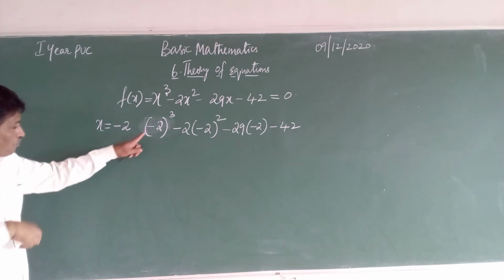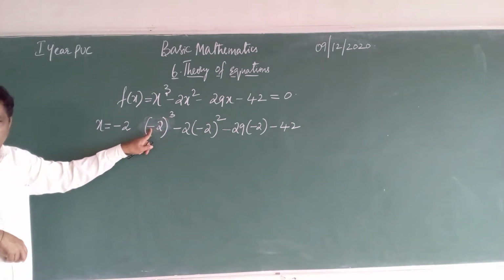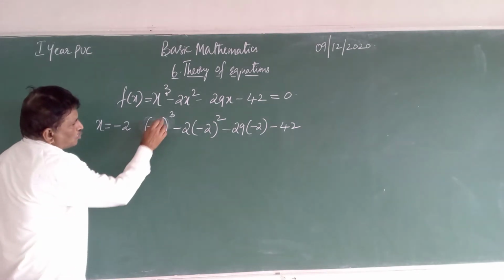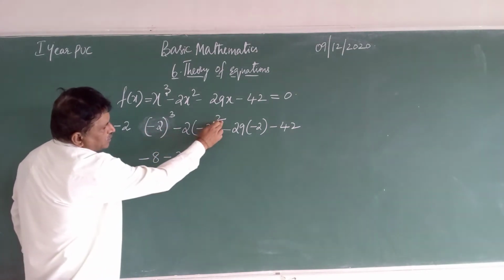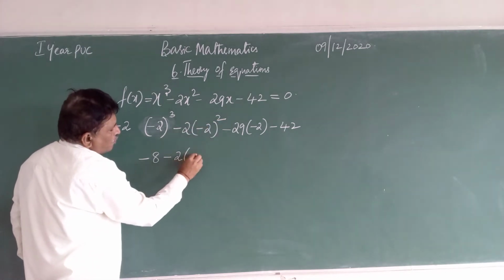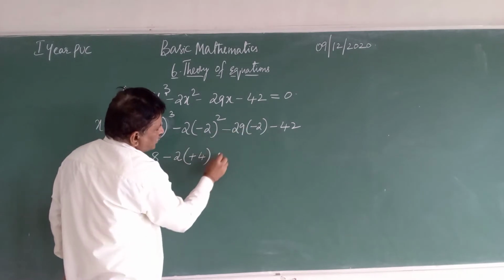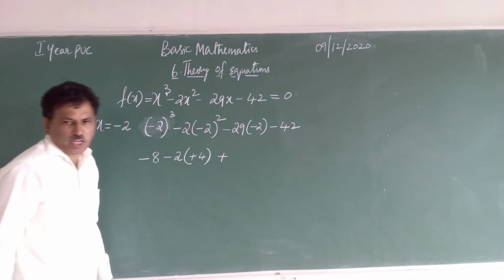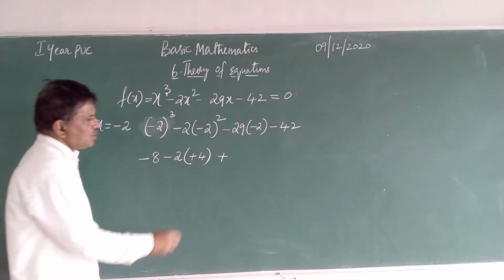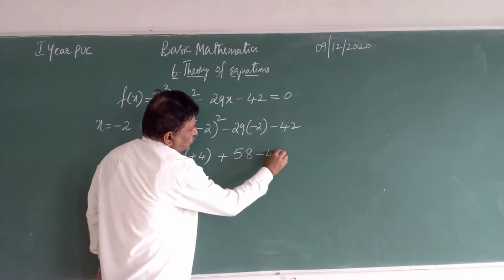Since it is an odd power, the negative sign remains negative. 2 to the power of 3 is 8, so minus 8. Minus 2 times the even power, negative becomes positive, so 4, and minus into minus gives plus 29 times 2, which is 58, minus 42.